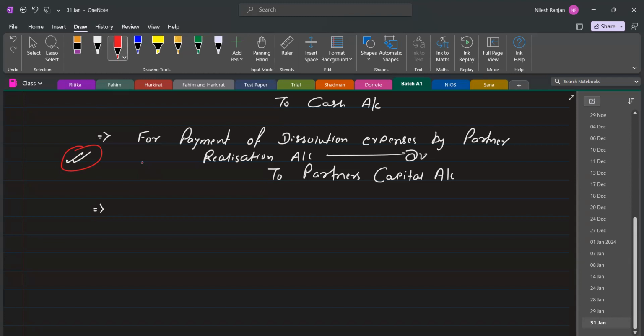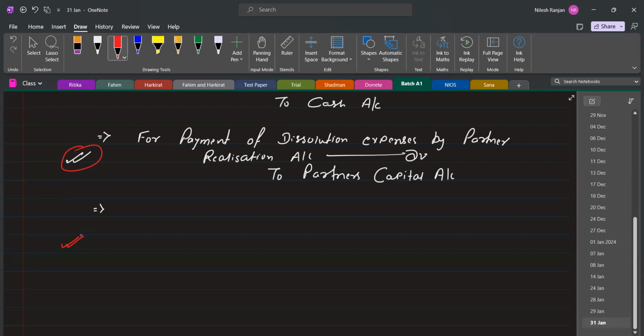But in the second situation that I'm talking about, the partner will pay money, but he will not take any credit or any payment in future from the firm. Okay, sir.